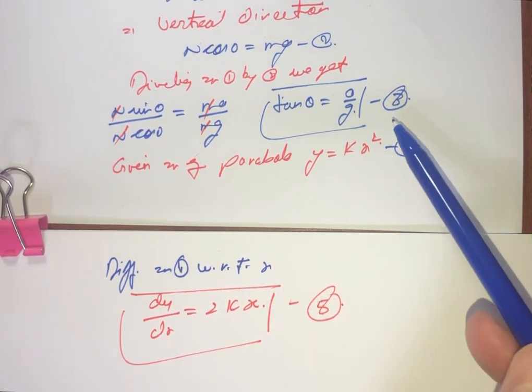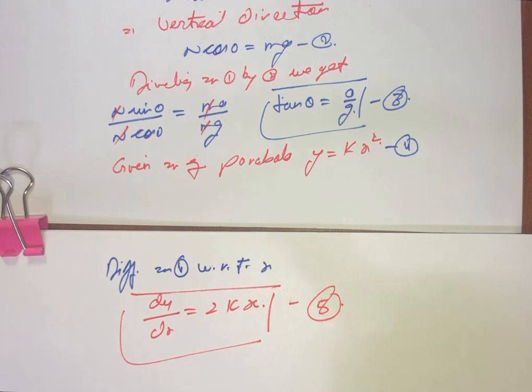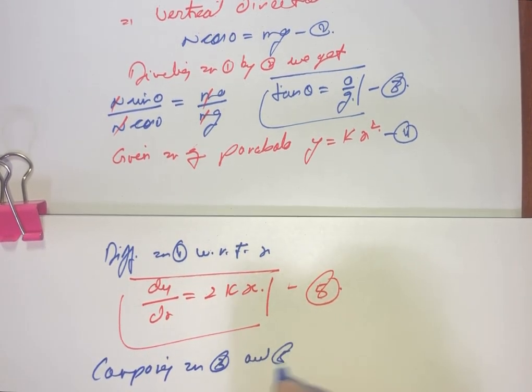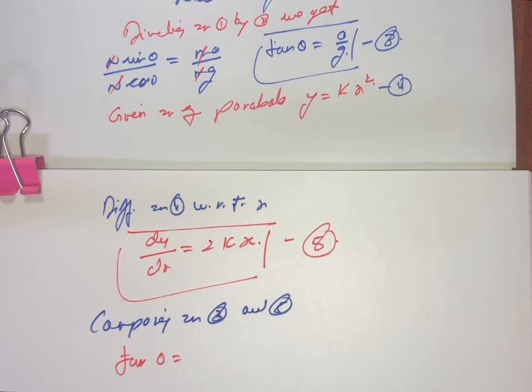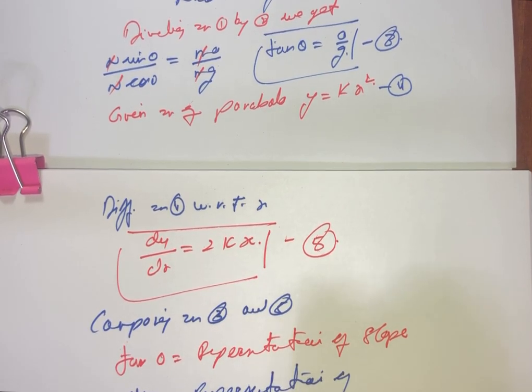Now if you compare equation number 3 and 5, tan theta is a representation of slope, and dy by dx is also a representation of slope.